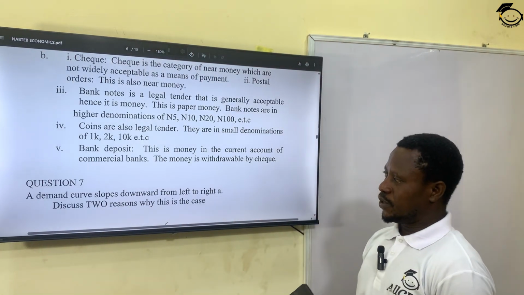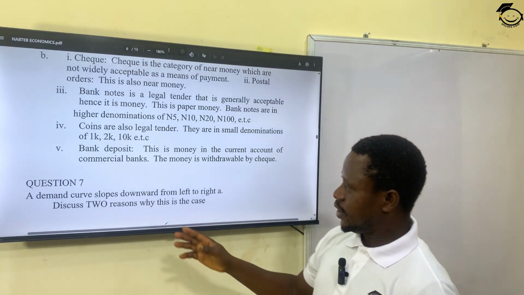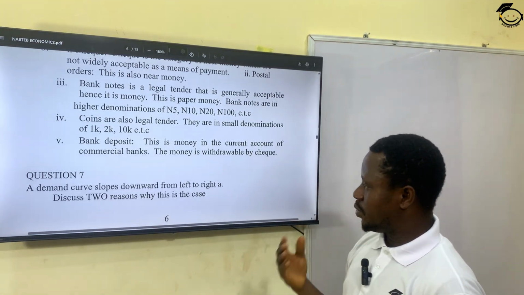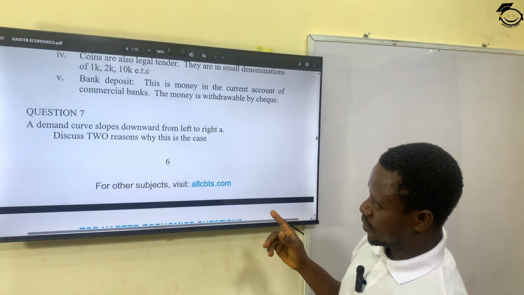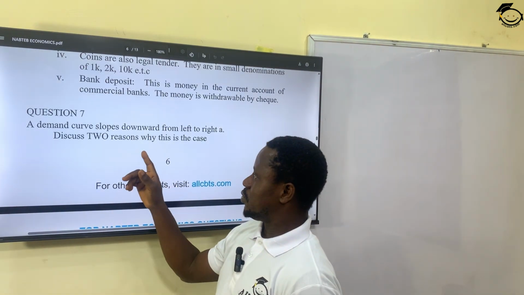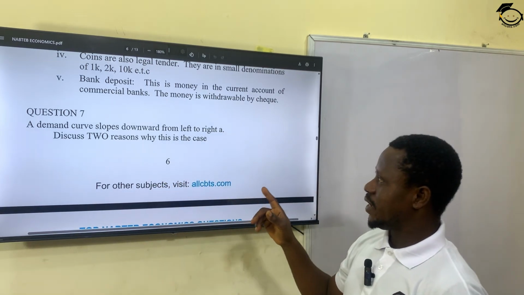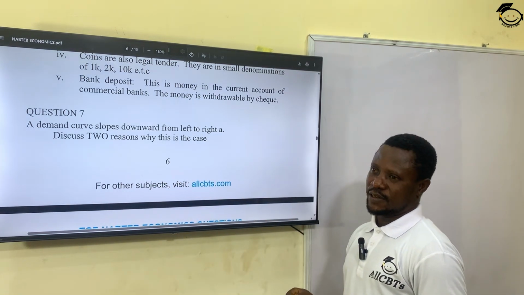Let's go on to the next question. A demand curve slopes downward from left to right. Discuss two reasons why this is the case.